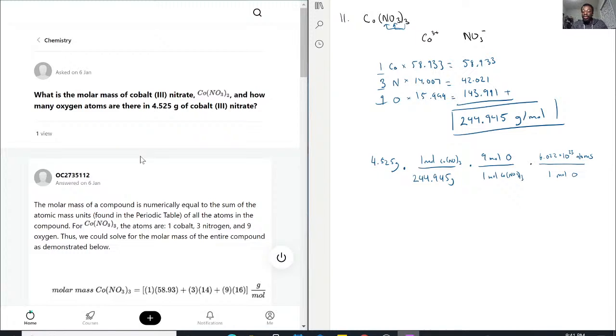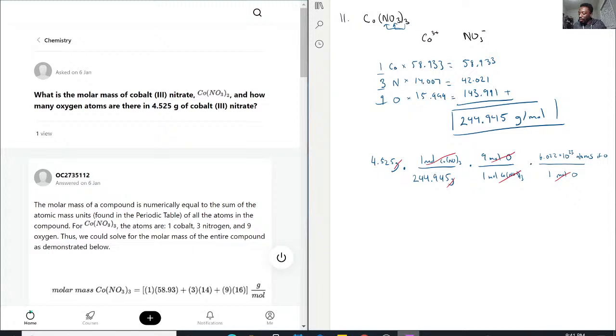So there's going to be a lot of crossing out just to make sure we end up with the right unit, atoms of O. So grams, moles of cobalt NO3, cancel out with that, moles of oxygen with moles of oxygen, and that's all we're left with, atoms of oxygen.